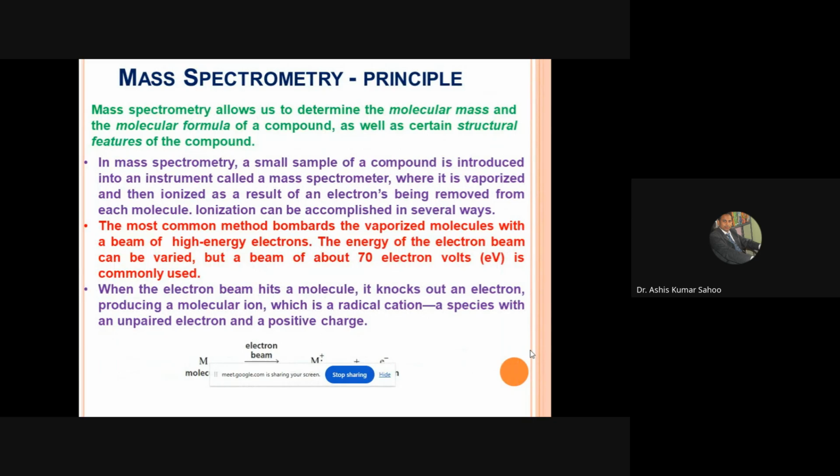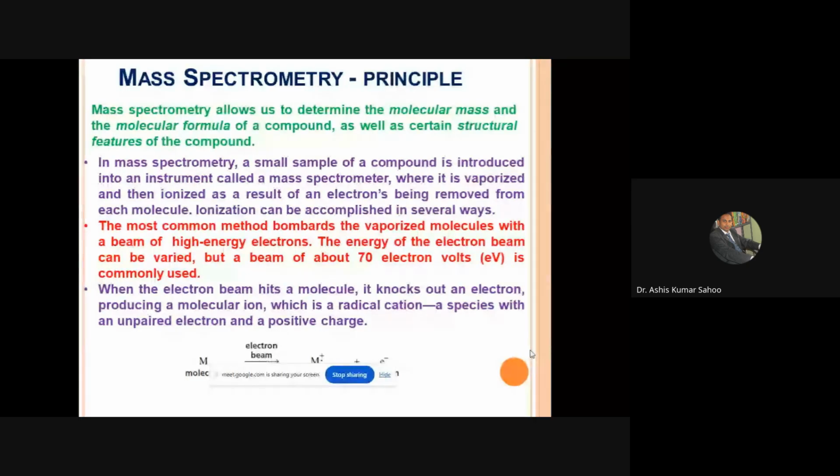In mass spectrometry, a small sample of compound is introduced into an instrument called a mass spectrometer, where it is vaporized and ionized as a result of electrons being removed from the molecule.